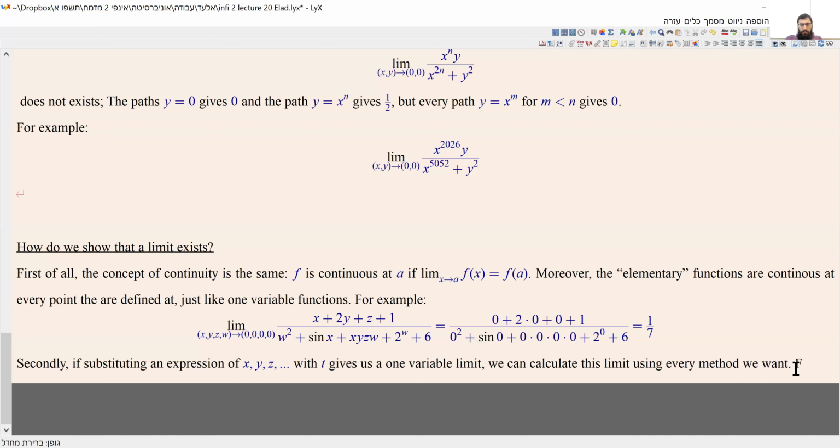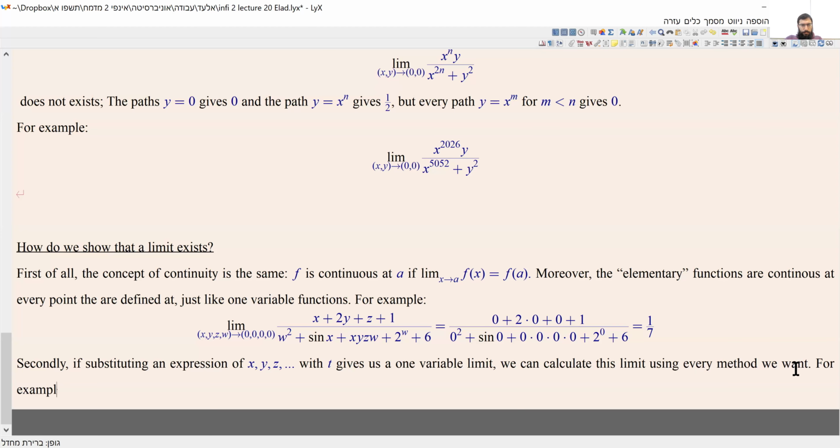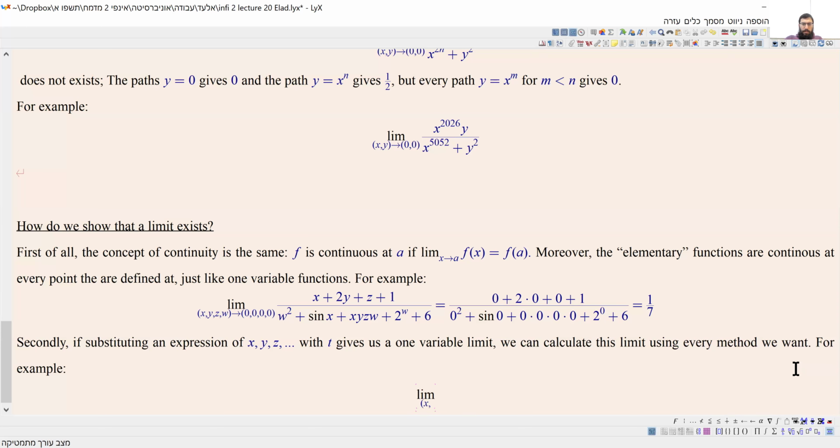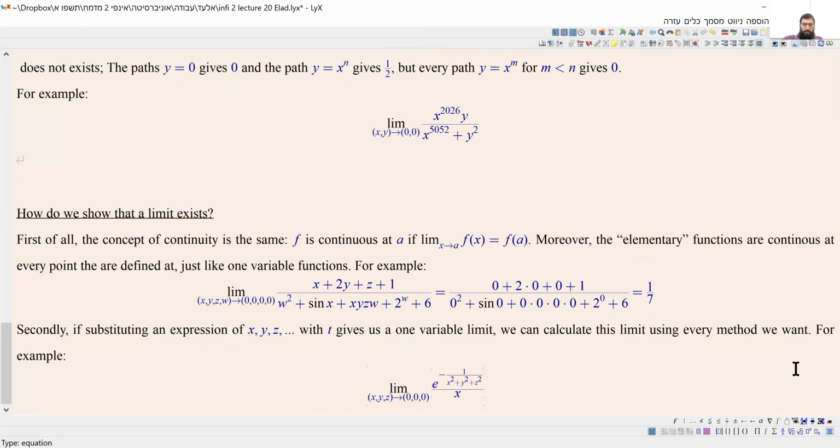For example, say I want to calculate the limit as x, y, z goes to 0, 0, 0 of e to the power of minus 1 above (x squared plus y squared plus z squared), above x squared plus y squared plus z squared.